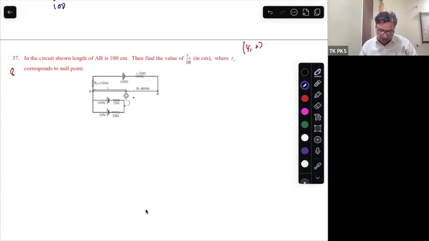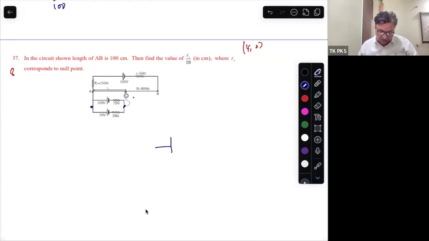See, you know earlier, the entire thing represents one single cell. Or another way that I can manage is the drop across this is the same as the drop across these 2 points.